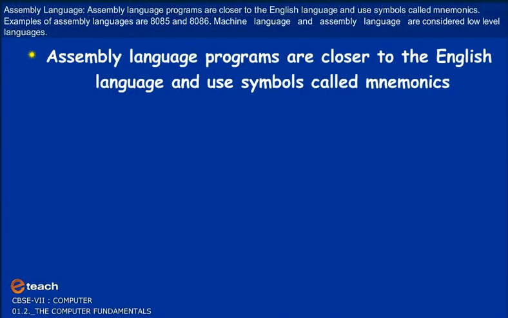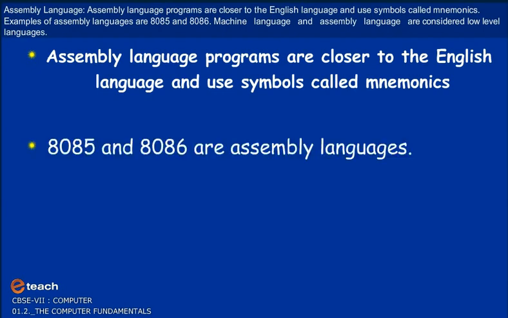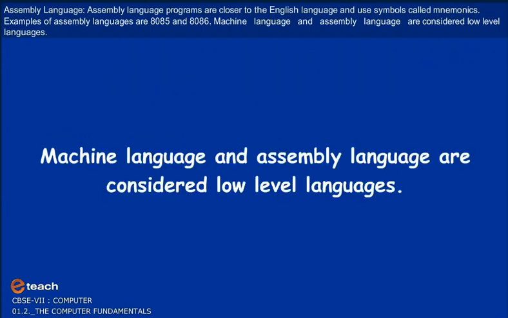Assembly language. Assembly language programs are closer to the English language and use symbols called mnemonics. Examples of assembly languages are 8085 and 8086. Machine language and assembly language are considered low-level languages.